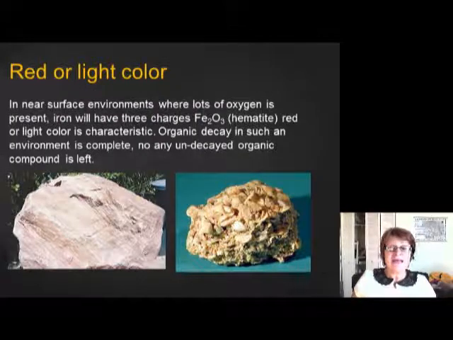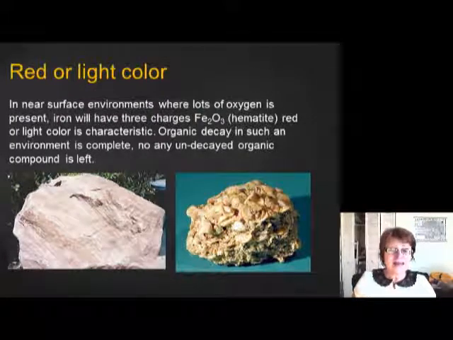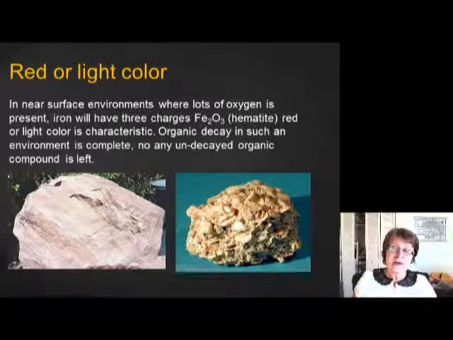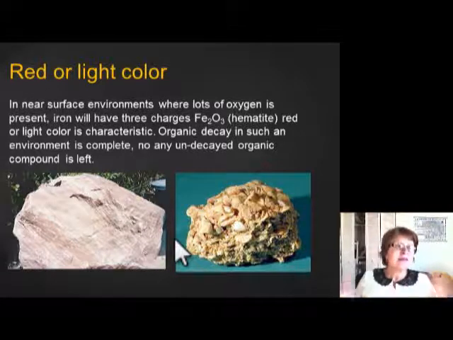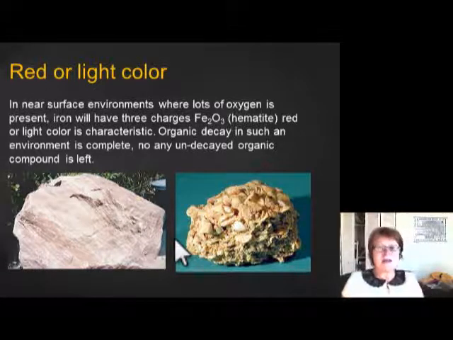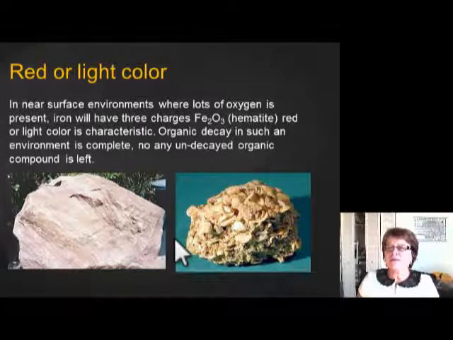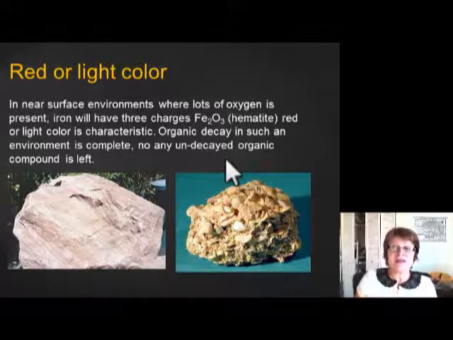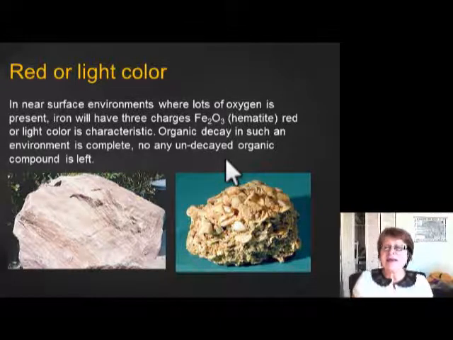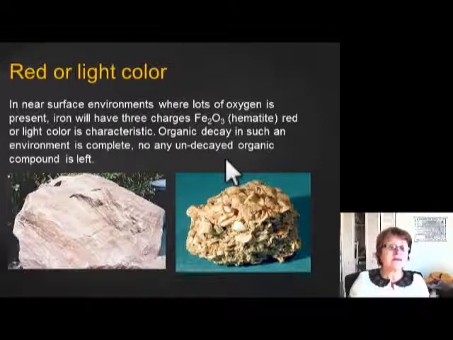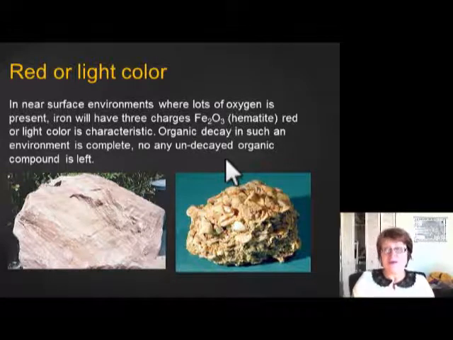On the other hand, if the color is red or light, that means light brown, reddish brown, white, yellowish, so these ones right here, that means that there was plenty of oxygen around when the rock formed, and the iron had 3 positive charges, so in this case it will react with oxygen and make hematite, magnetite, or like the oxidized type of iron.